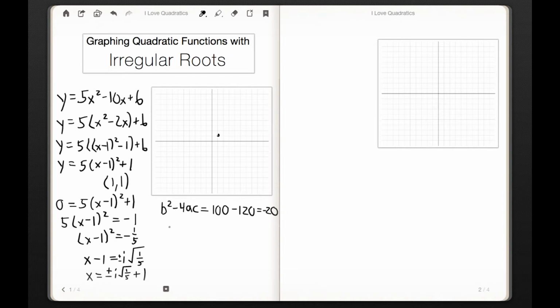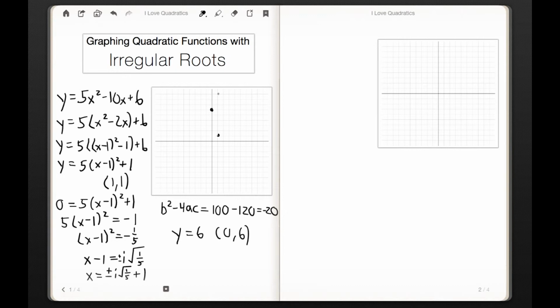So if x equals 0, y will equal 5 times 0 squared, that's 0, minus 10 times 0, that's 0, plus 6. So y is just going to be equal to 6, and we get the point if x equals 0, y equals 6. That's the y-intercept, the point where the graph crosses the y-axis.